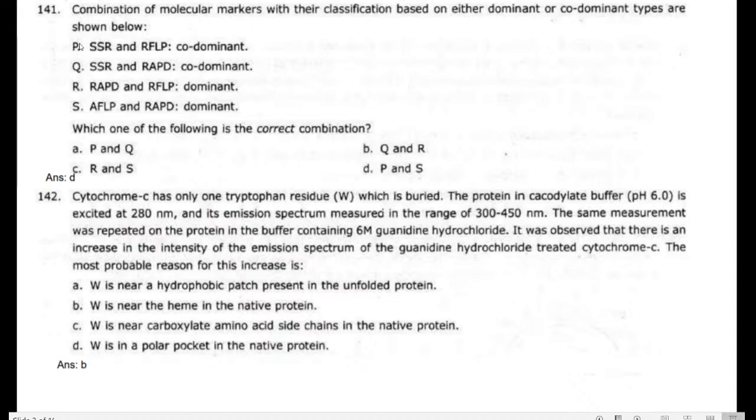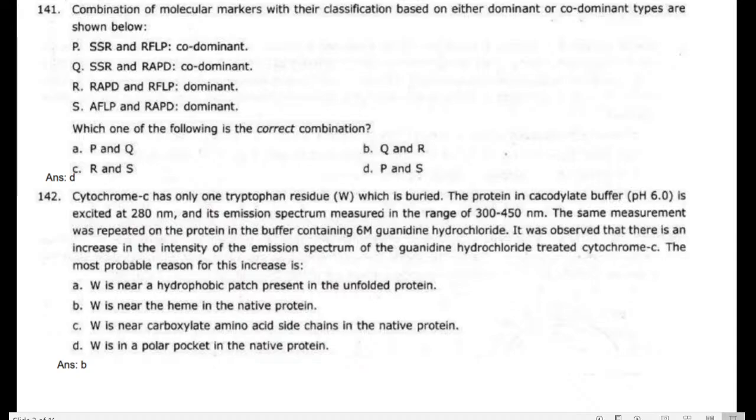The short tandem repeats and the RFLP, restriction fragment length polymorphism, are mentioned as codominant. When you use the restriction enzyme, the whole length of fragment is divided into small pieces having similar length of short nucleotides, short tandem repeats, so they are codominant. Another case is RAPD and RFLP.